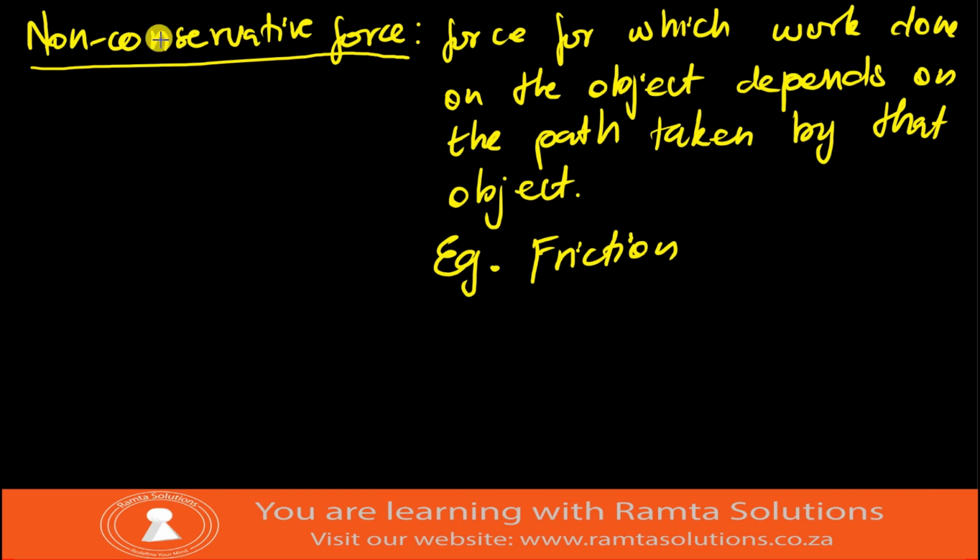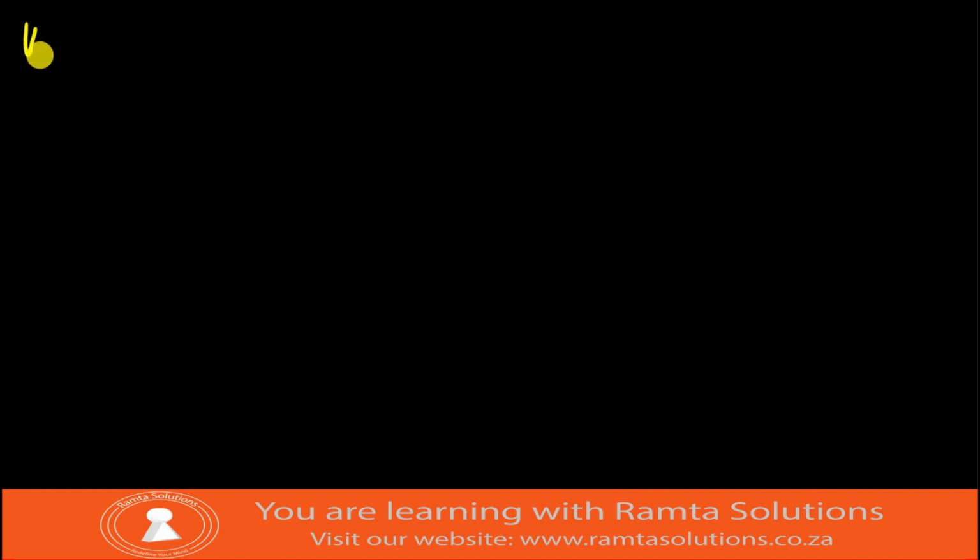All other forces, you classify as non-conservative forces. The only forces so far that we classify as conservative forces are gravity and tension, but more precisely gravity. Perfect. Now let's go look at work done by a conservative force.